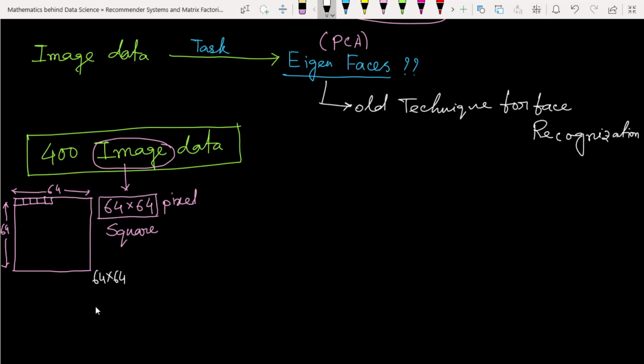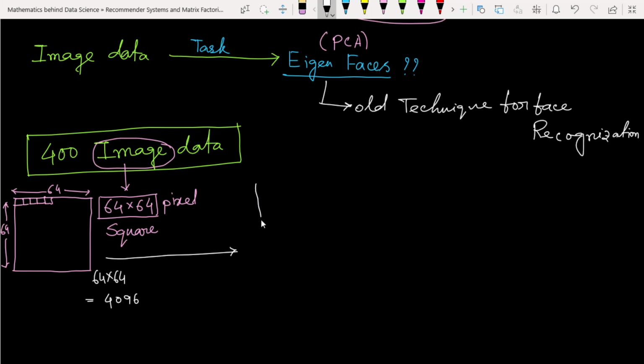If we multiply 64 by 64, we get 4096. That means each image has 4096 cells in this matrix, and somehow we have to convert these 4096 cells into a vector format.